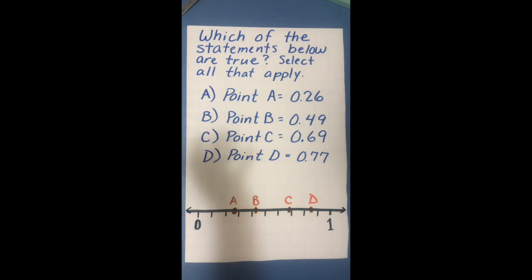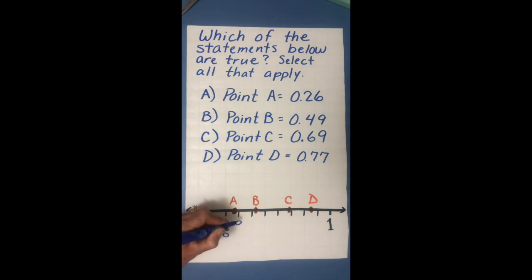So if I divided 100 into 10 pieces, I'd start at 10 hundredths, right? So I'm going to do that here. This looks like 0.10. This looks like 0.20. This looks like, I should say, 30 hundredths.